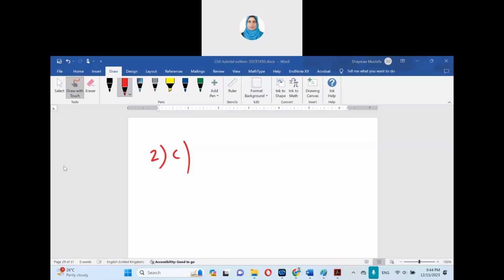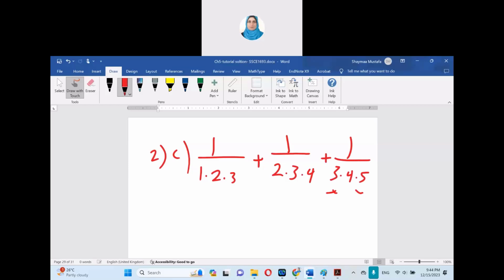Here we need to use the partial fraction method. We have 1 over 1 times 2 times 3, plus 1 over 2 times 3 times 4, plus 1 over 3 times 4 times 5, and so on.